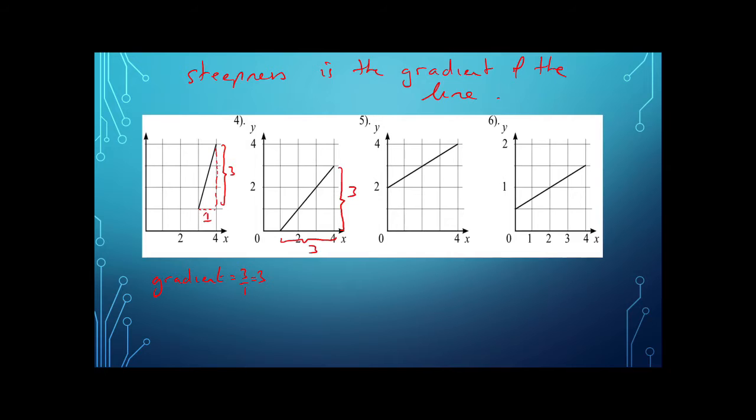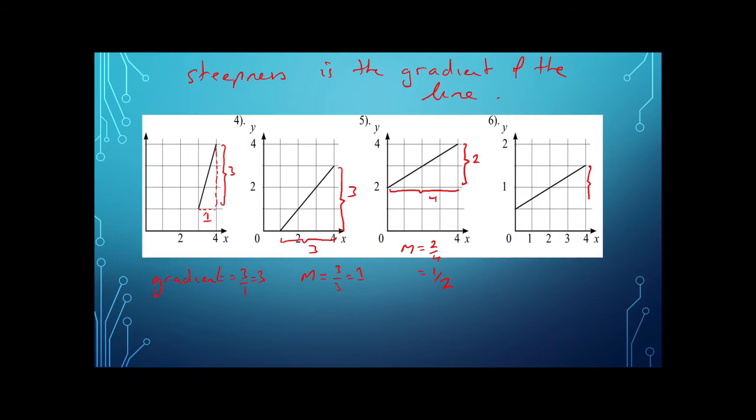So the gradient, now the letter we're going to use for gradient is m, so the gradient is 3 over 3, which is 1. In this case, we go up 2 for every 4 that we go across. So the gradient is 2 over 4, which of course is a half.